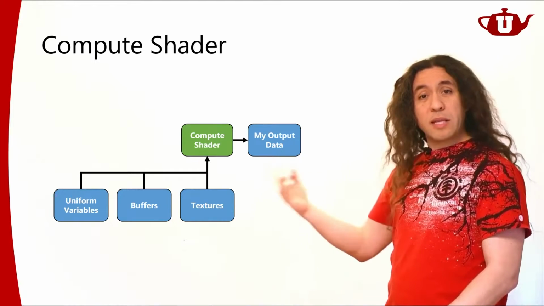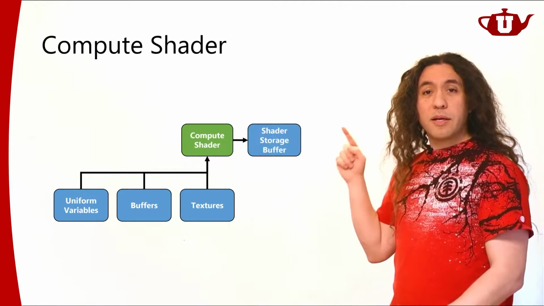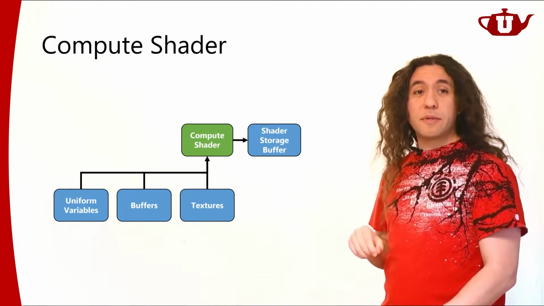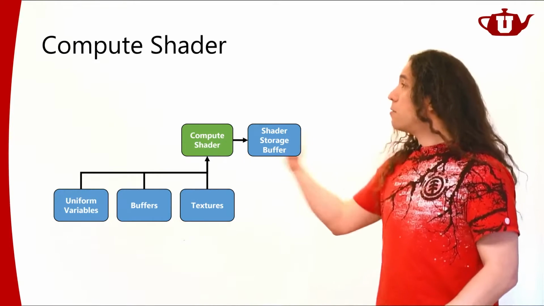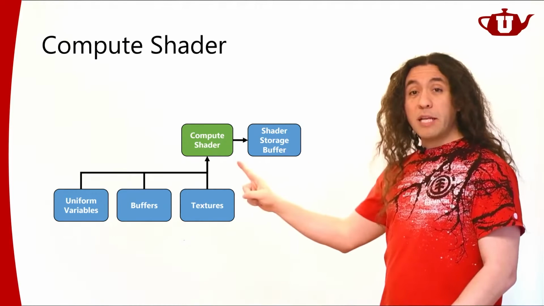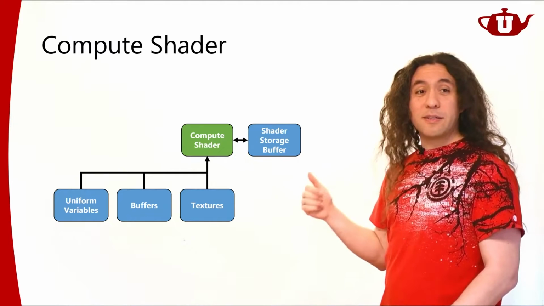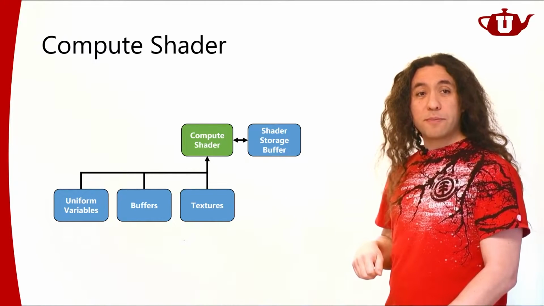What's introduced with compute shaders was this concept of shader storage buffer. It's a different type of buffer that allows us to output into it from a shader, not just read from it. I can write and I can read into and from a shader storage buffer.